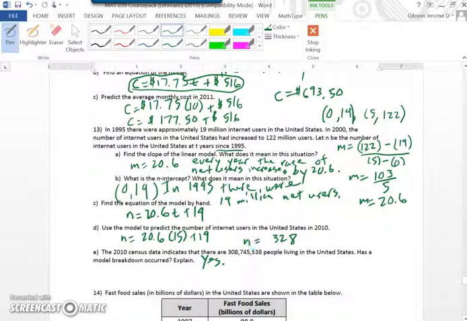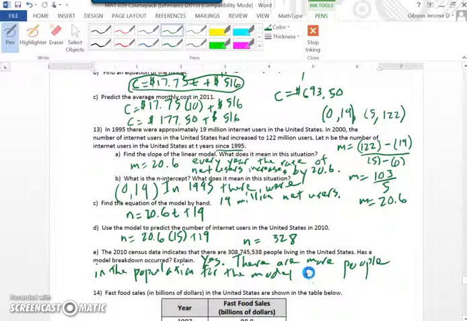The reason the model breakdown occurred is because there are more people in the population for the model than there are actual people.